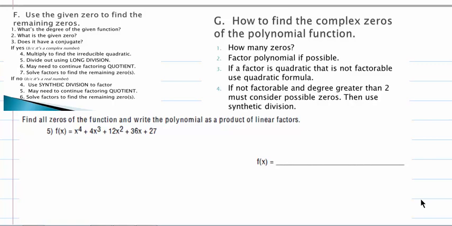If not factorable and the degree is greater than 2, you must consider what are my possible factors. Then use synthetic division. Number 5, the directions: find all zeros of the function and write the polynomial as a product of linear factors.